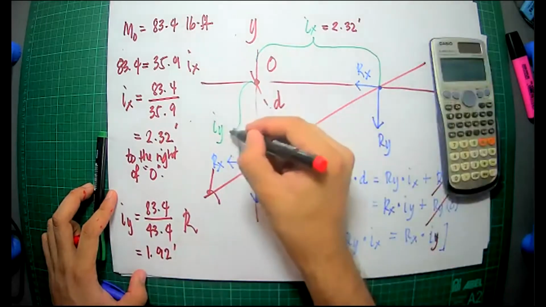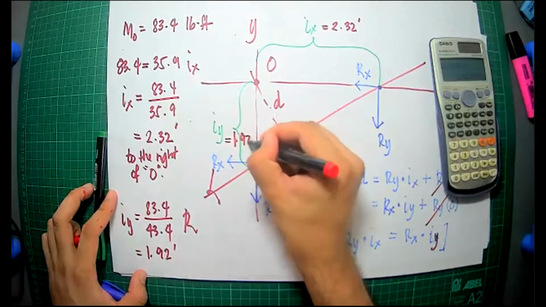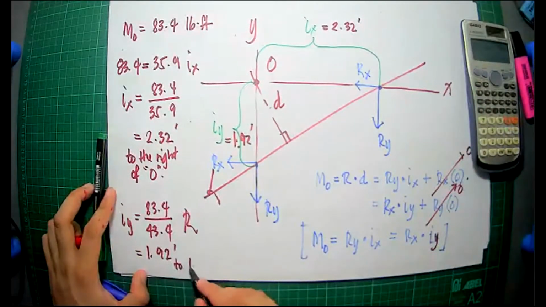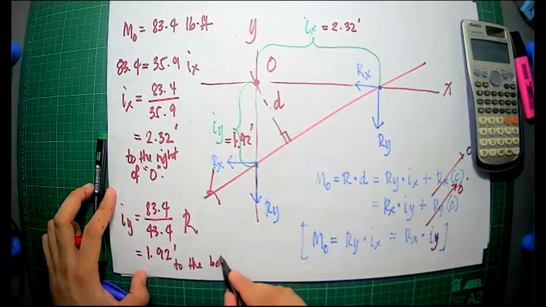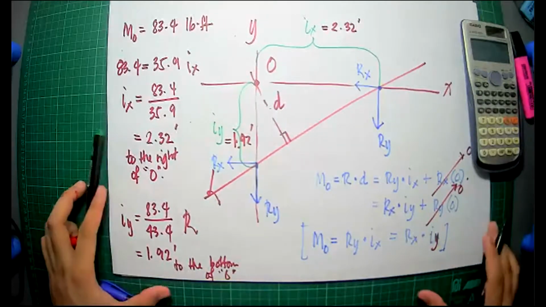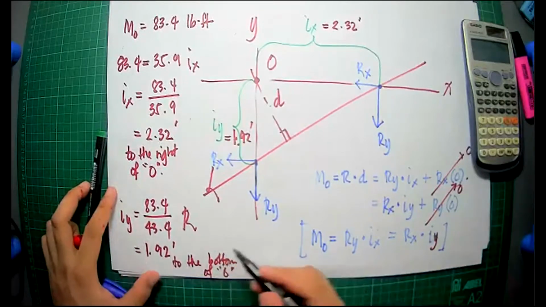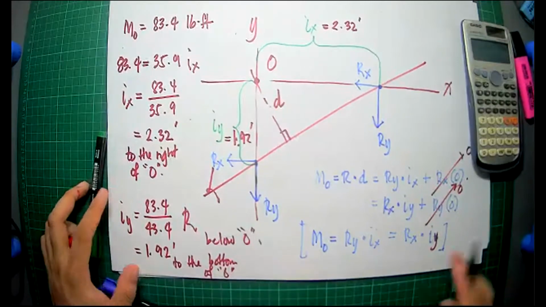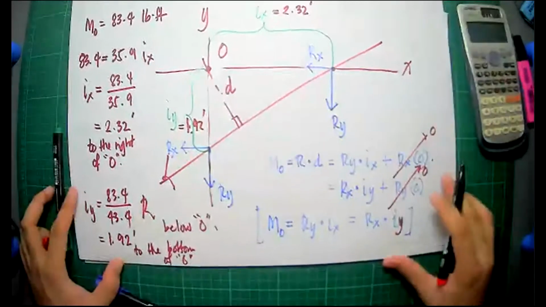So this is 1.92 feet, to the bottom of O, or below O. Okay? Any questions?